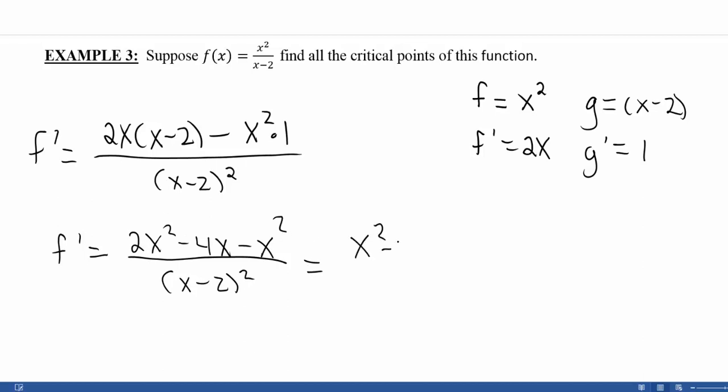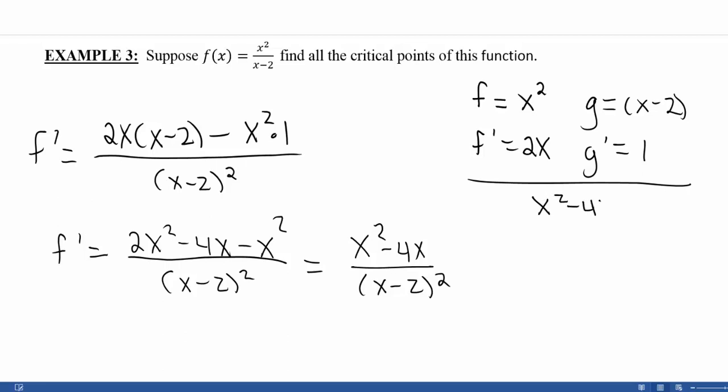So I get x squared minus 4x divided by x minus 2 all squared. So if I want to find critical points, I can consider when the numerator equals 0 first. So x squared minus 4x equals 0. These are the points when this fraction will equal 0.